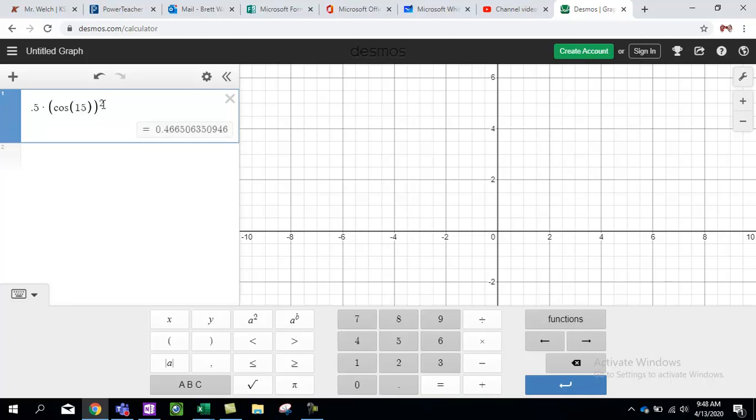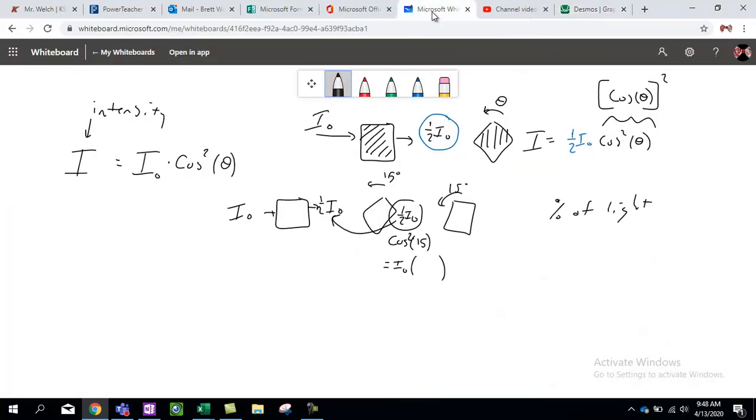Now you might have been able to put the square on the parentheses after the cosine parenthesis was closed. I'm a big believer in just being careful. So I've got 0.4665. Let's go with that number. 0.4665. That is the percentage of light that still exists after the second Polaroid.